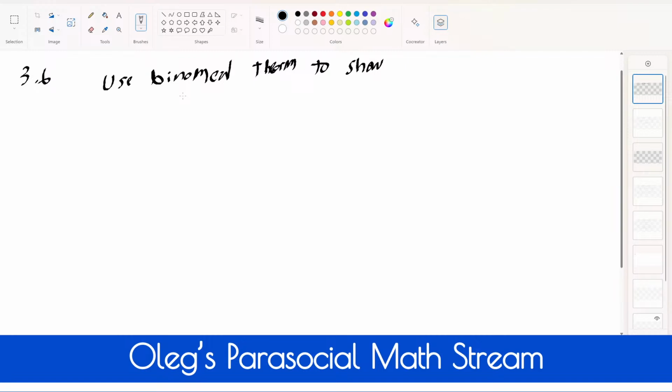Use binomial theorem to show the sum, sigma, from n to k, n choose k is equal to 2 to the power of n.